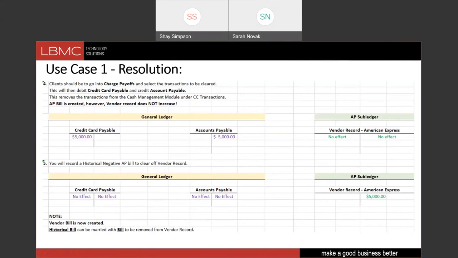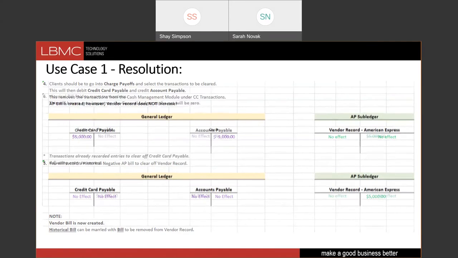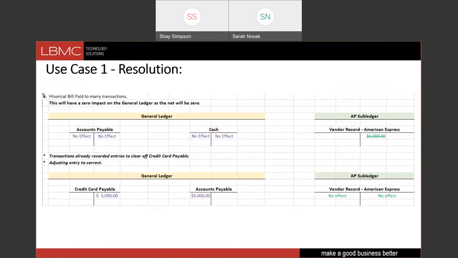At this point too, my vendor bill is created. Now, I need to marry the bill against the negative historical bill. And when I say marry, what that means is I need to go in and, in essence, pay it.